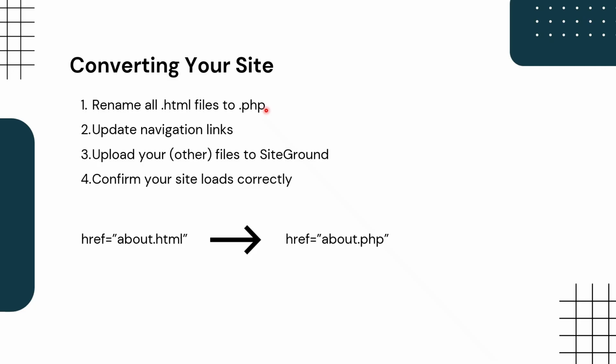If you've got contact.html, you're going to change that to contact.php. Then you're going to update all your navigational links. Okay, so if this is your navigation link, say for the About Us page, make sure that you update it so that it can find the new page, file extension .php.